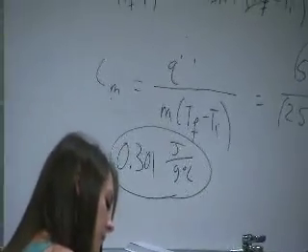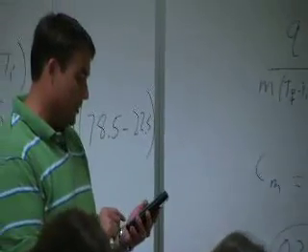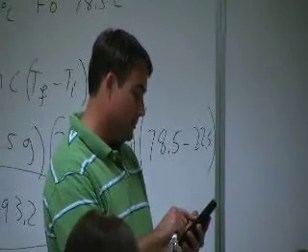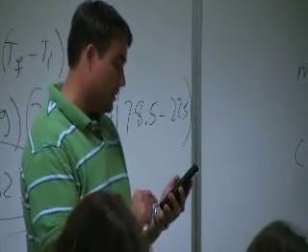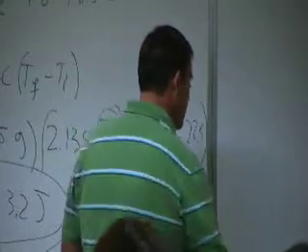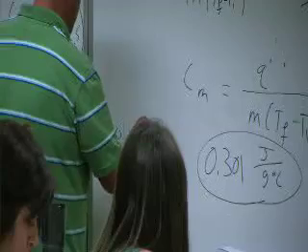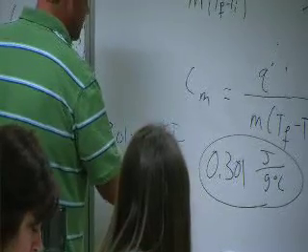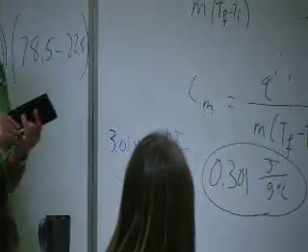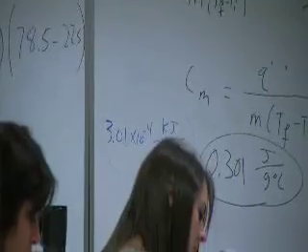One person. That would be a smaller number: 3.01 times 10 to the minus 4 kilojoules per gram degree centigrade. Are these two answers the same thing? Sure they are.